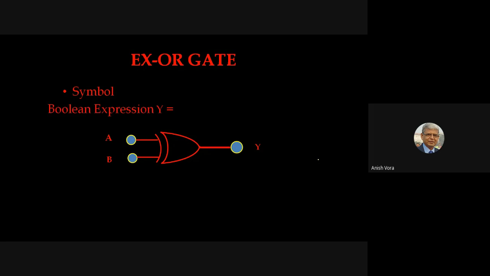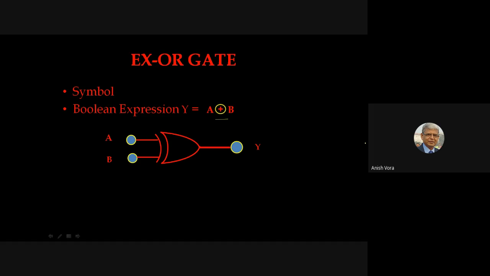And if we write a Boolean expression, then we have y is equal to a or b, આપણું OR gate નું Boolean expression છે. But when we encircle our plus sign, right? આપણે encircle કરેલું છે, then it becomes a Boolean expression for the XOR or exclusive OR gate, right?